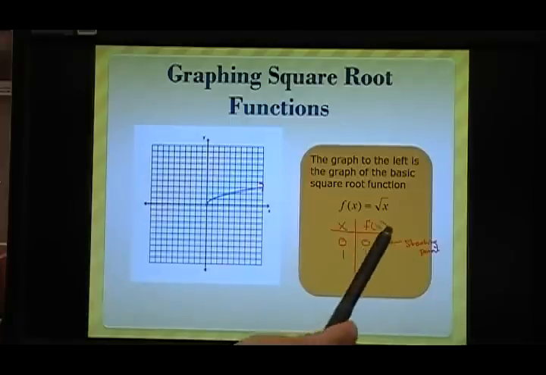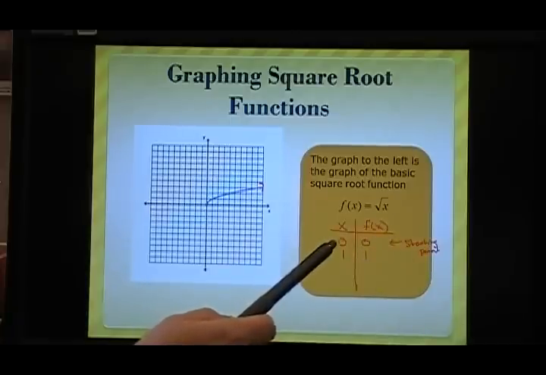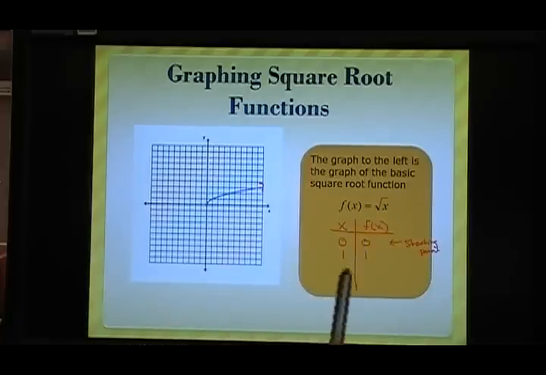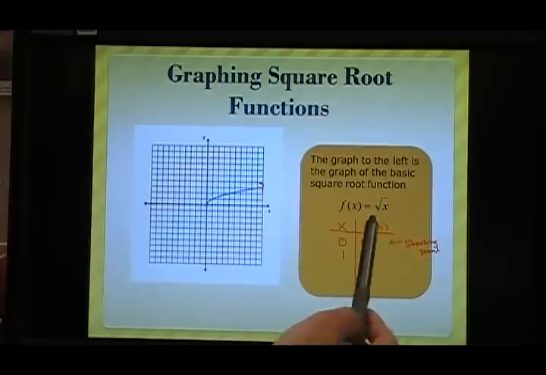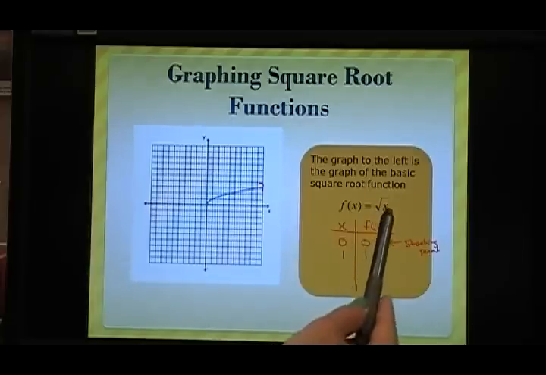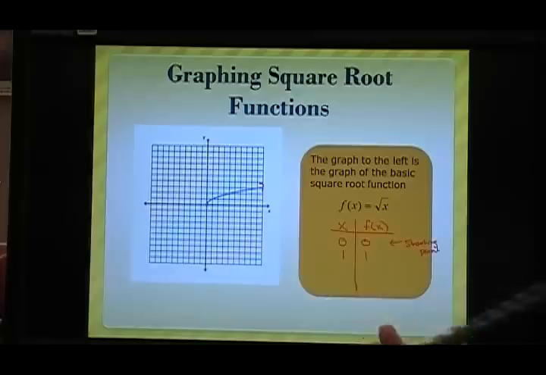So 0 works good because the square root of 0 is 0. 1 works good because the square root of 1 is 1. 2 doesn't work so well because the square root of 2 is an irrational number. 3 doesn't work so well because the square root of 3 is also an irrational number. 4 works well because 4 is a perfect square.